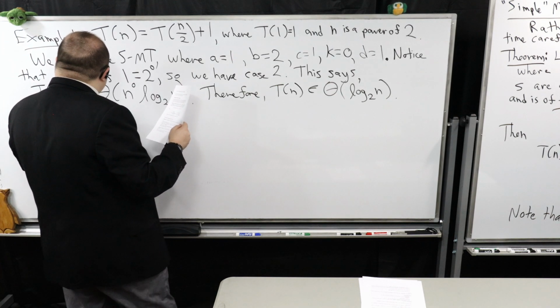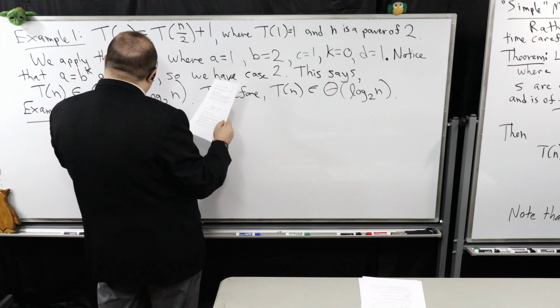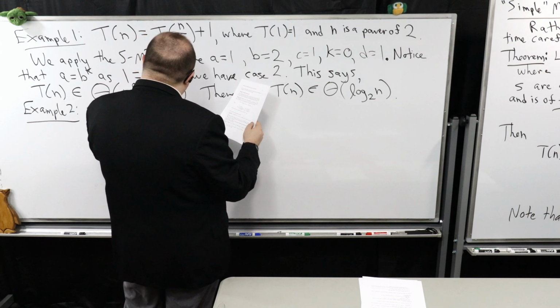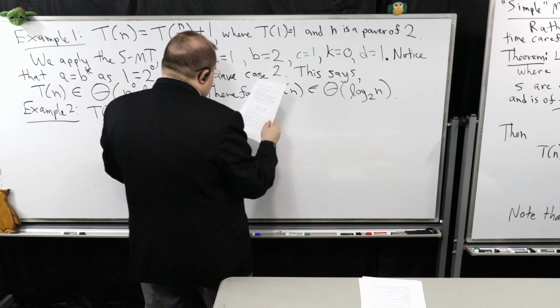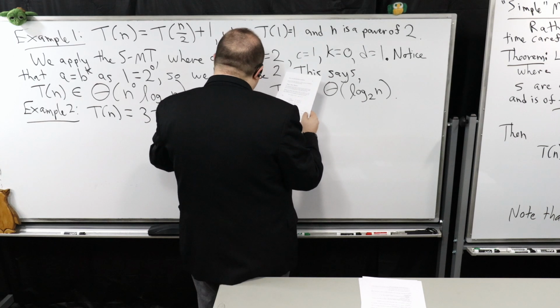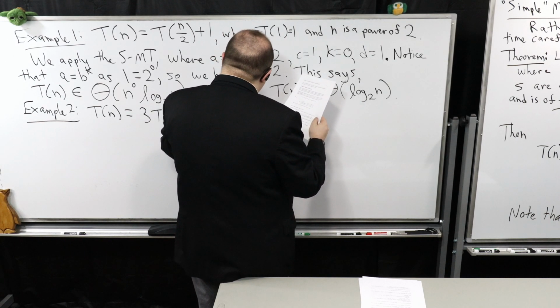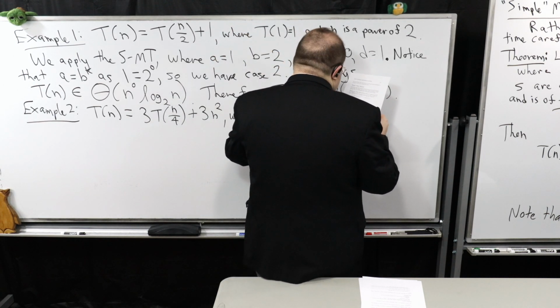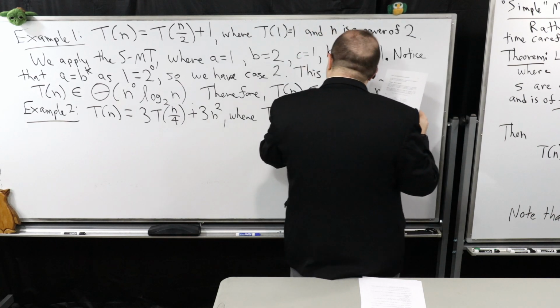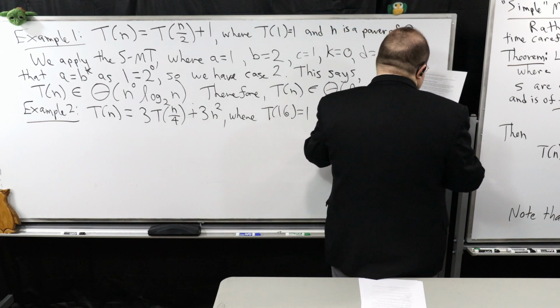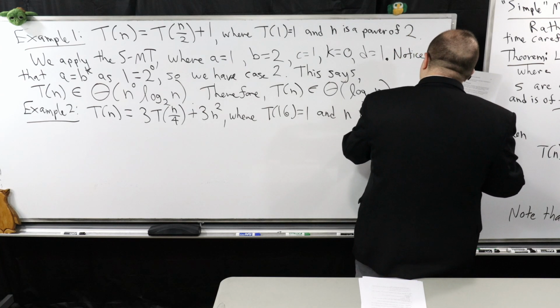So let's consider where T of n is equal to 3T of n over 4 plus 3n squared, where T of 16 is equal to 1, and n is a power of 4.